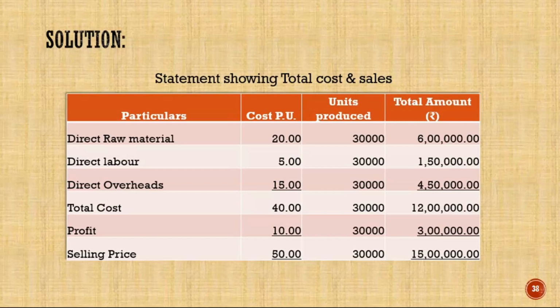So here you can see now direct raw material expenses will be 6 lakh, direct labor 1,50,000, direct overhead 4,50,000. Addition of these three is total cost 12 lakh, profit 3 lakh, and thus we arrive at sales price 15 lakh. This is for the level of activity which is expected, 30,000 units.